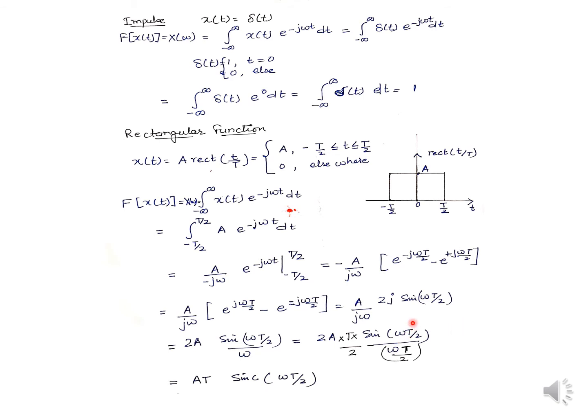So whatever angle you have here, you need to create the same angle here. In doing that, we have omega here only, so you need to bring capital T and also divide by 2. In this way you can bring it, and then it will be sinc of omega T by 2.